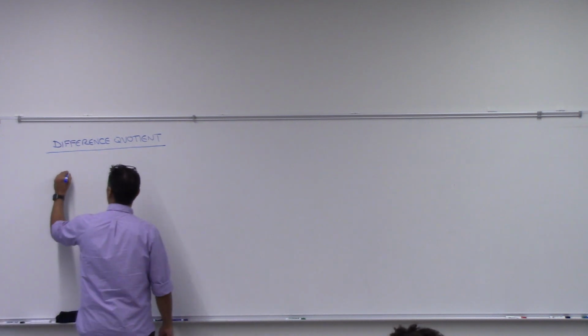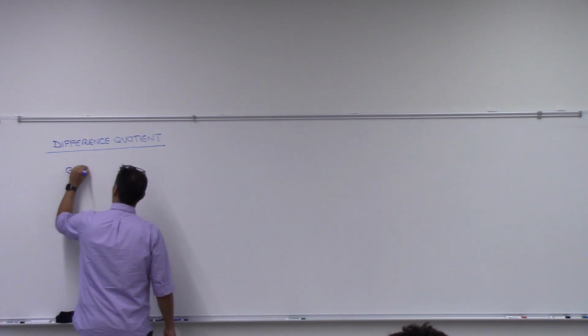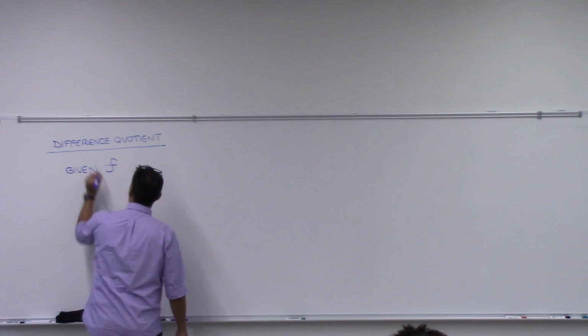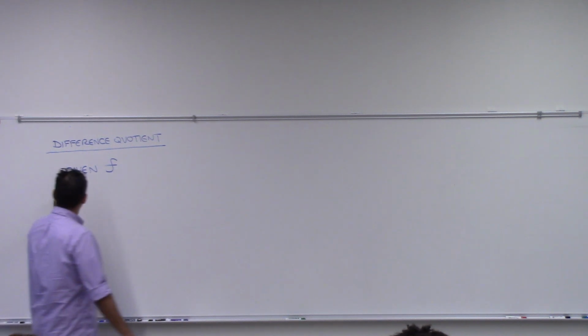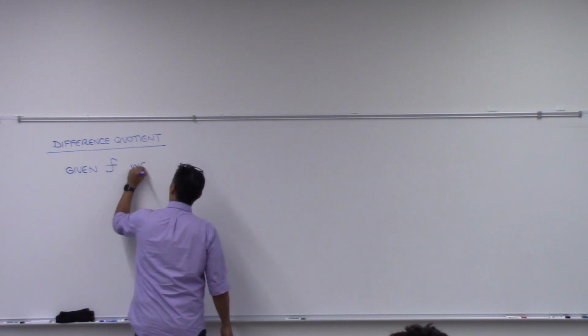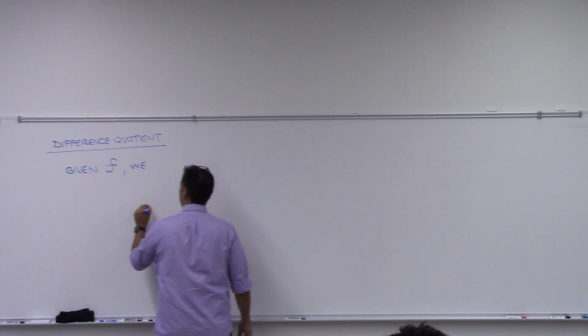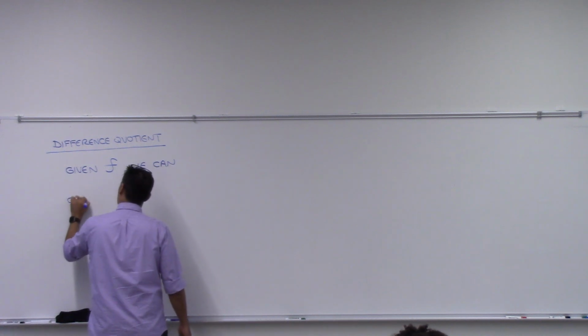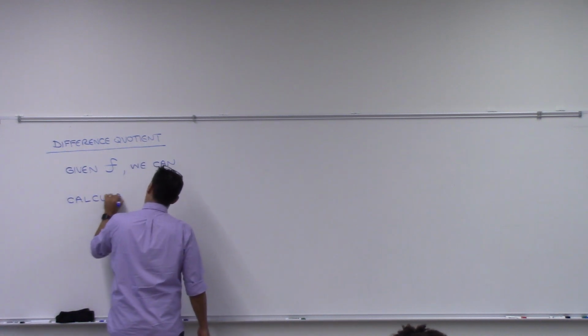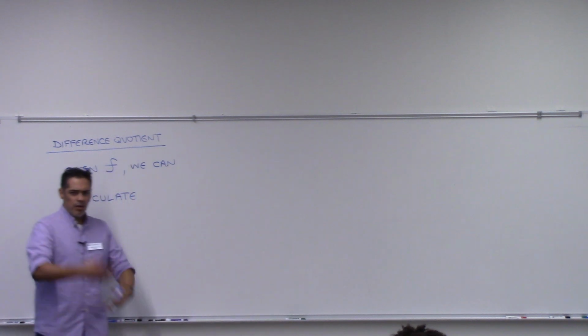So difference quotient starts out with this. First, you have to be given some function, all right? Somebody has to give you a function. Once they give you a function, given a function f, we can compute or calculate the following quotient.